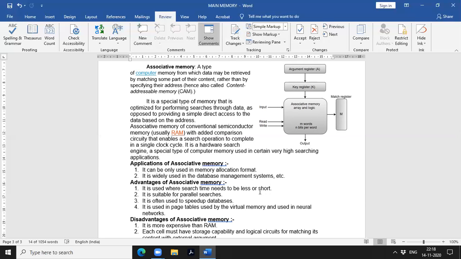Some of the advantages of associative memory are: it is used where search time needs to be short. It is also used for parallel searches. It is often used to speed up databases. It is used in page tables, used for virtual memory, and used in neural networks, right?